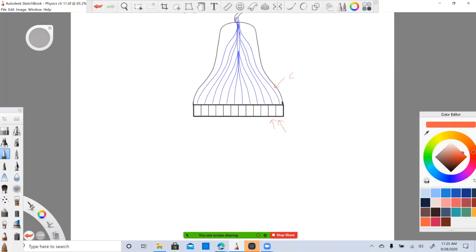Let's just write wire here first. So element, wire, and we'll just say electronics.